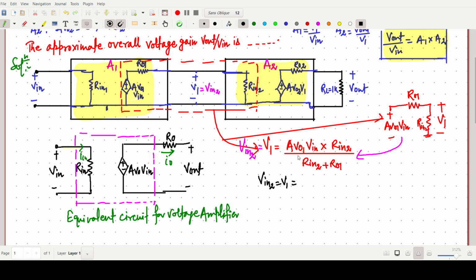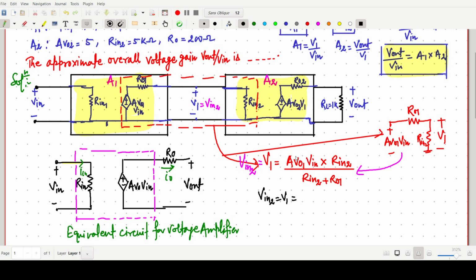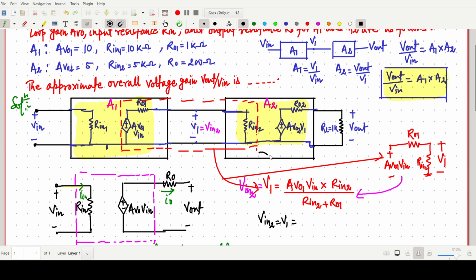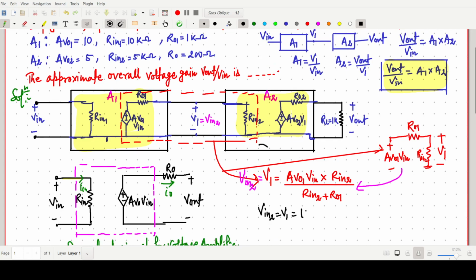So AV naught 1 is already given, 10, into V in, which is not given, so better to write V in. Then R in is 5 kilo ohm, so 5 into 10 to the power 3 I am writing.